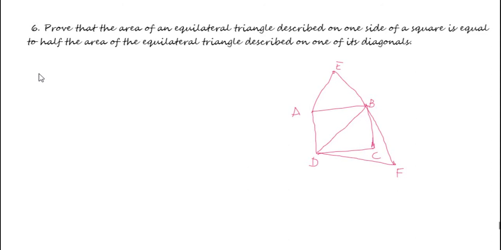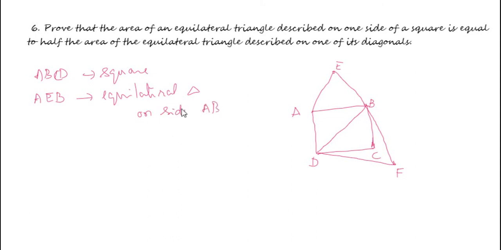What is given here is ABCD is a square, and AEB is an equilateral triangle on side AB, and FBD, this is also an equilateral triangle on diagonal BD of square ABCD.